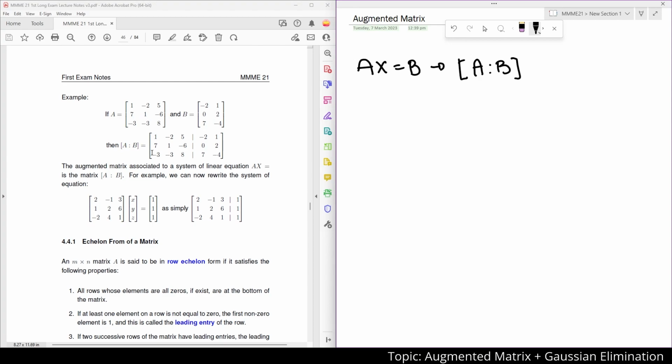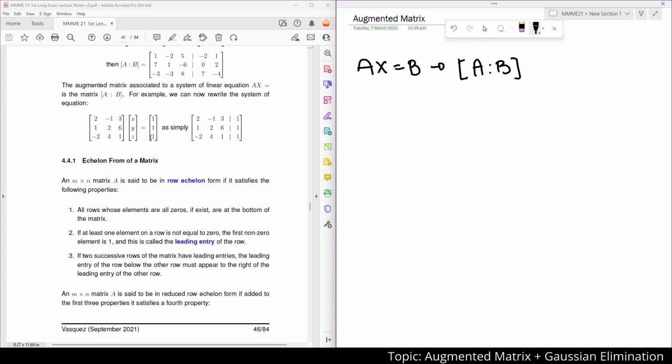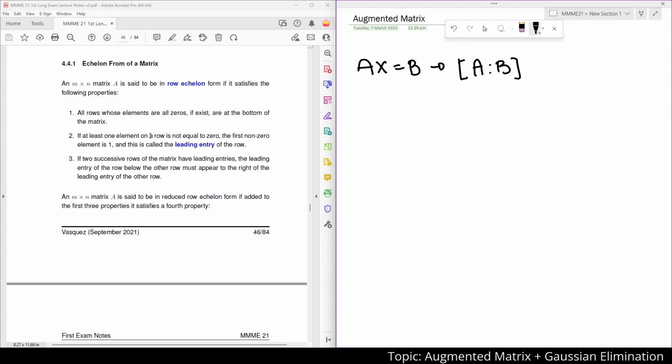Before we proceed to that, first we need to know about the echelon form of a matrix. So an M by N matrix A is said to be in row echelon form if it satisfies the following properties. First property, all rows whose elements are all zeros, if they exist, are at the bottom of the matrix.